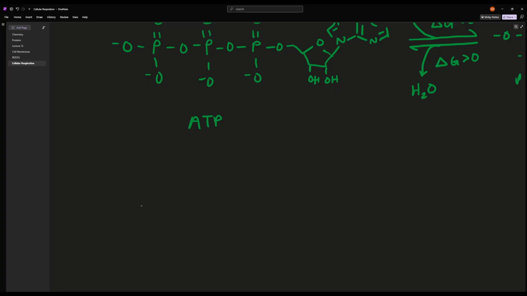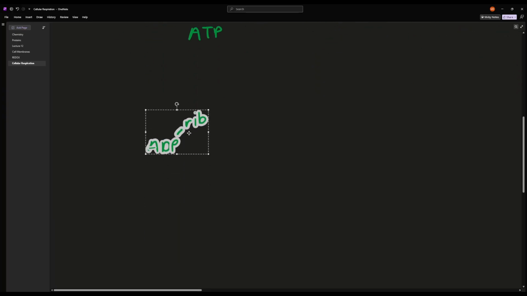NADH. So NADH is actually built off of an ADP molecule, where that ADP, through its second phosphate group, is attached to another ribose sugar, and that ribose sugar, I need to give myself a little bit more room.